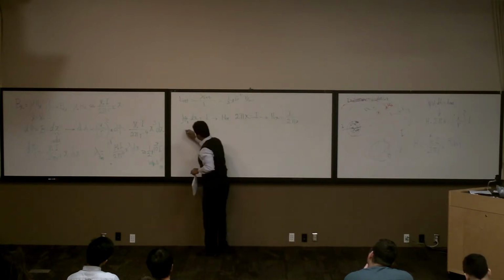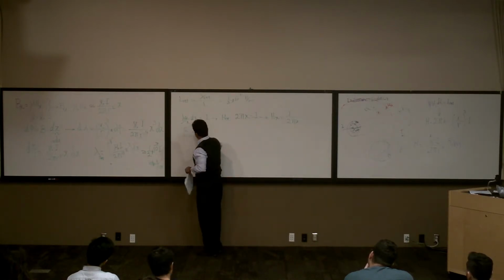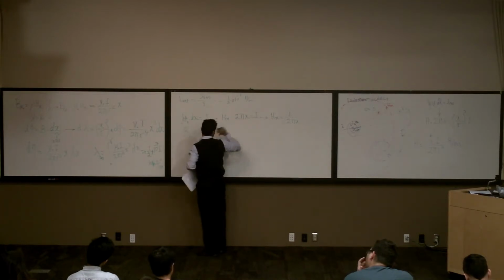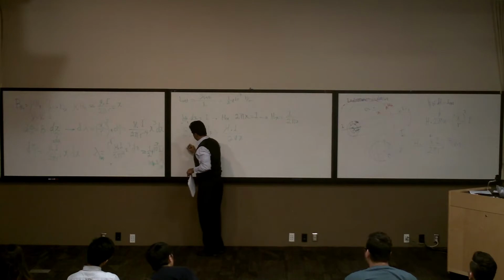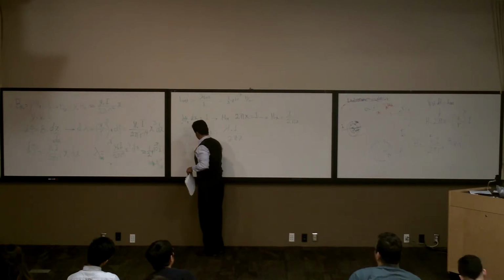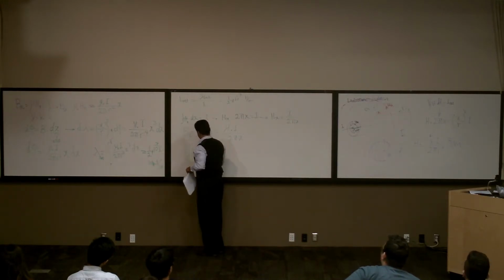How much is B? Outside, it is mu0 Hx. So it's going to be mu0 I over 2 pi x. How much is dphi? It's going to be times dx.